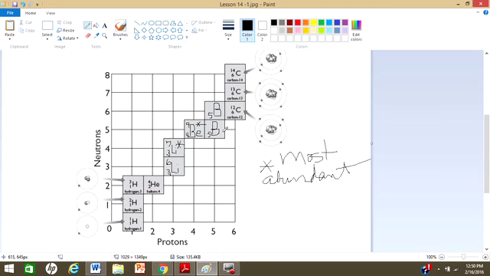And then on this one we have 5 protons, 5 neutrons. That means atomic mass is 10. We add both of those together. This one has 5 protons, 6 neutrons, so we'll have atomic mass of 11. Okay, figure out which one of these is the most abundant form and put a star by it. Which one's the most abundant form of boron?